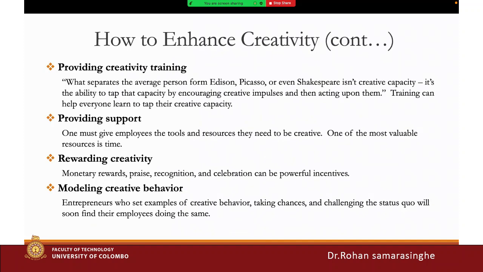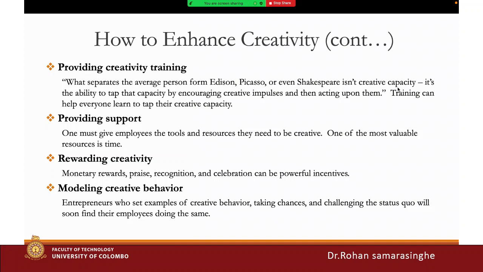And providing creative training. There are some different trainings to increase or enhance creativity. What separates an average person from Edison, Picasso, or even Shakespeare is creative capacity.